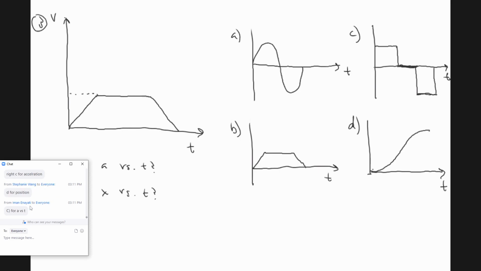Okay, since Mo, you were the first, explain why C is acceleration versus time. You can tell from the graph that the velocity has a constant slope, and then the velocity becomes constant, so that's zero acceleration.